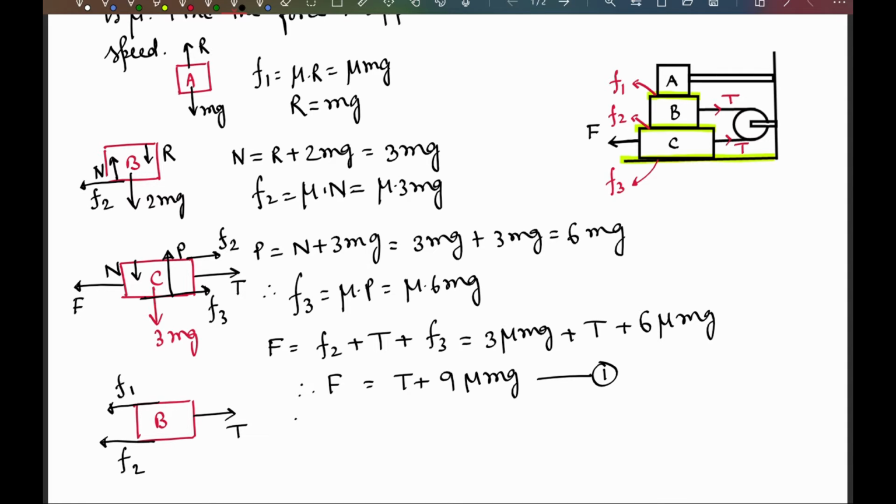Now here T is equal to F1 plus F2. So the value of F1 is mu mg and the value of F2 is 3 mu mg. So this is 4 mu mg. This is equation 2.